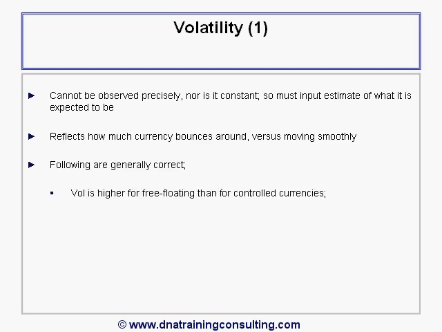Currency volatility is higher for free-floating currencies than for ones that are controlled to various degrees by their central banks. 2. All other things being equal, volatility is higher for emerging market currencies than for G7 currencies.